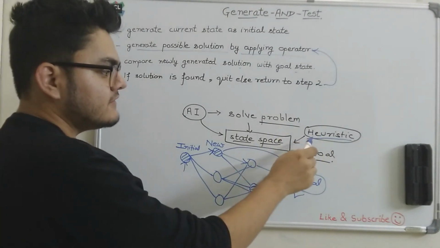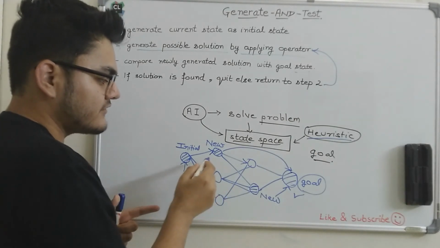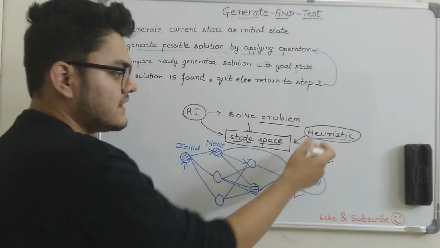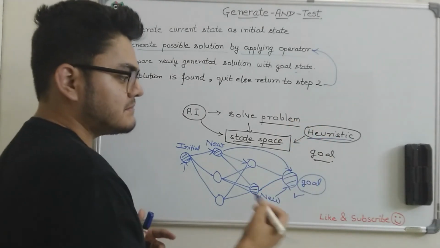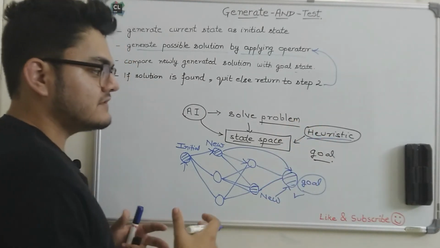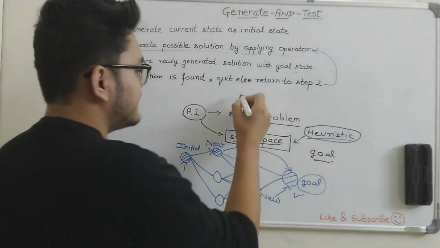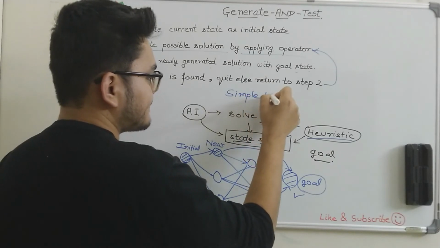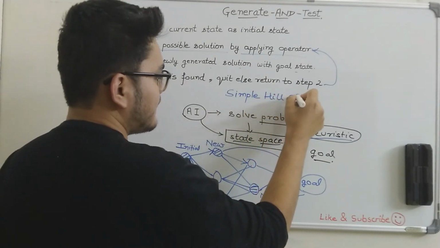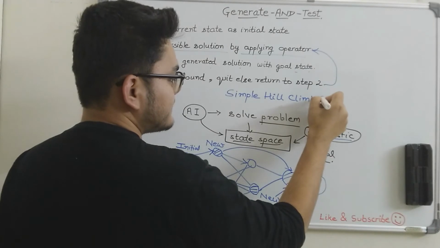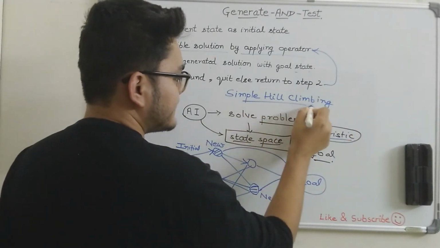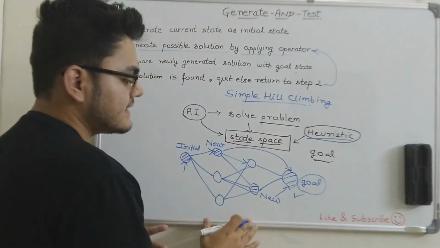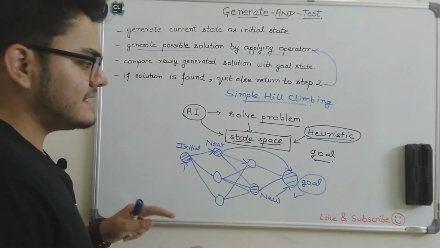But if we put in some heuristic functions to make choices among the possible solutions, we will then call it the simple hill climbing algorithm, which we will study in the next tutorial. It is a heuristic search technique, and it is a combination of a heuristic search technique and the generate and test algorithm, right?